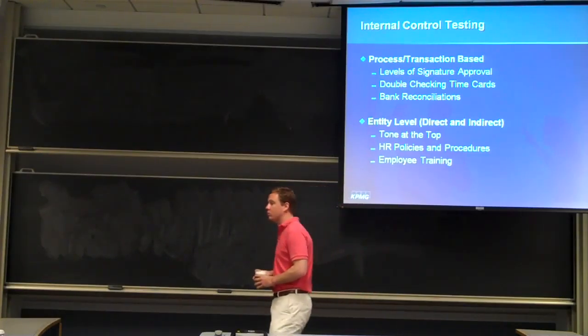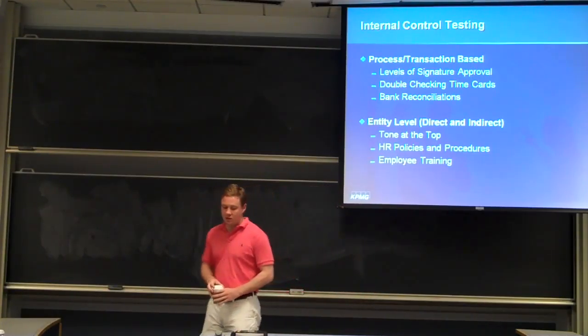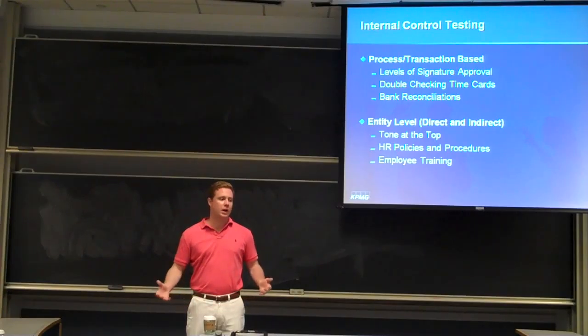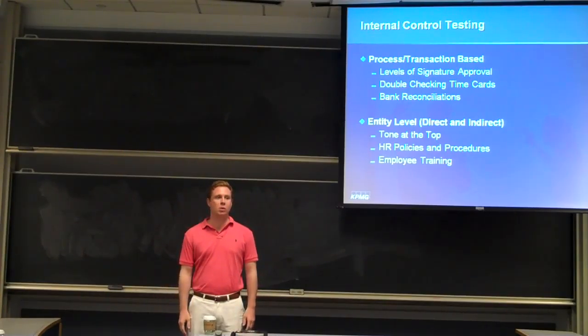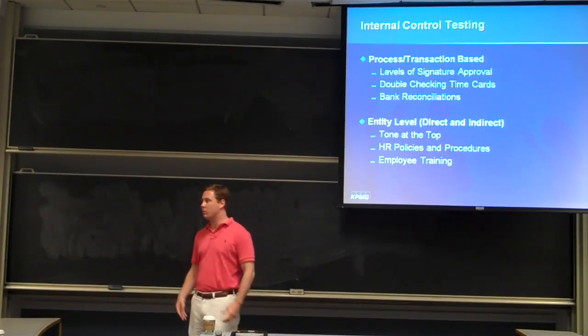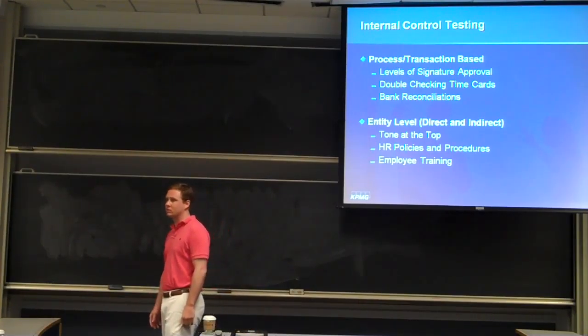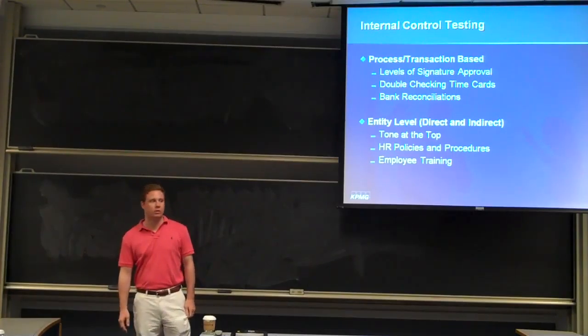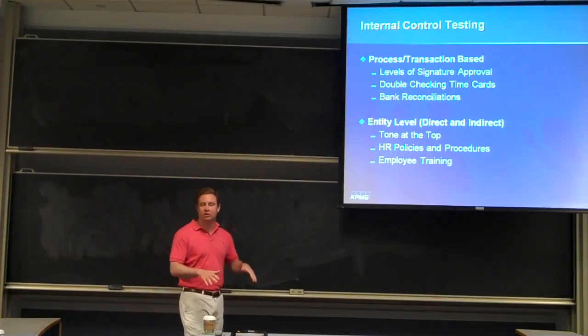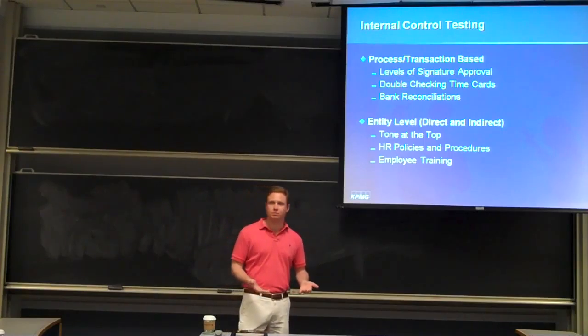Levels of signature approval. So let's say that the AP department of ExxonMobil wants to buy a new truck. It costs $100,000. That'd be a pretty routine transaction. Maybe you have a middle manager sign off on something like that.